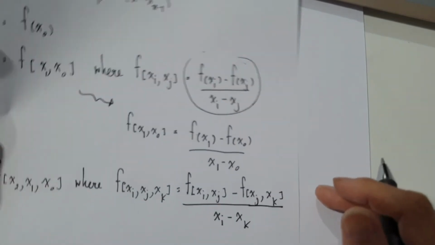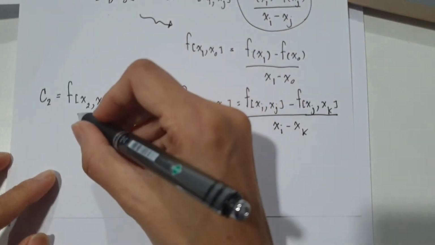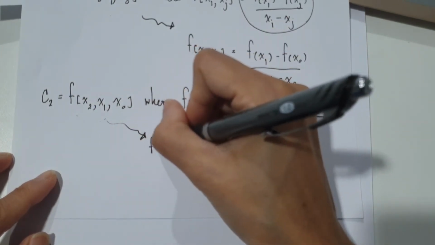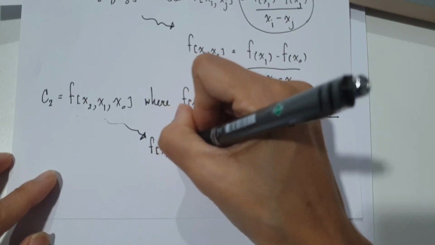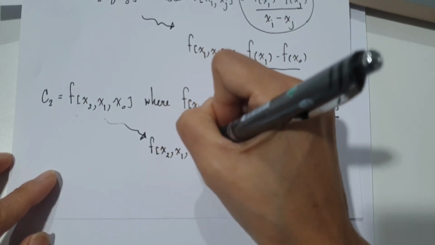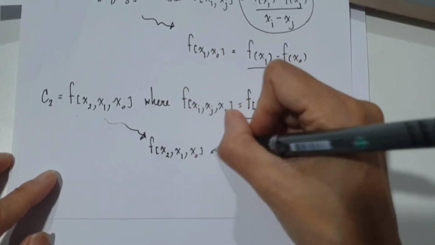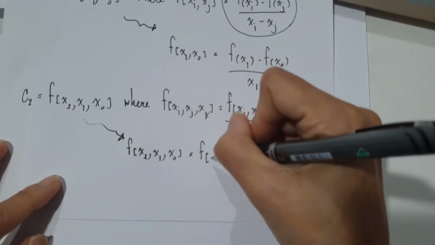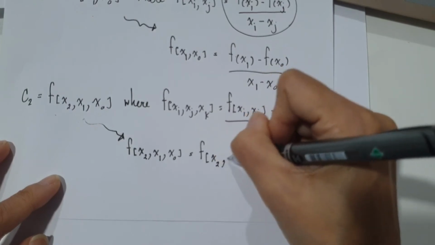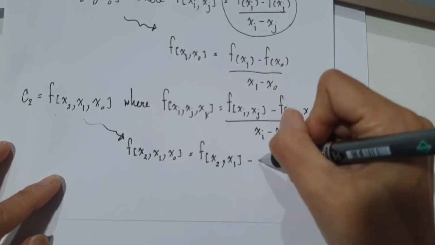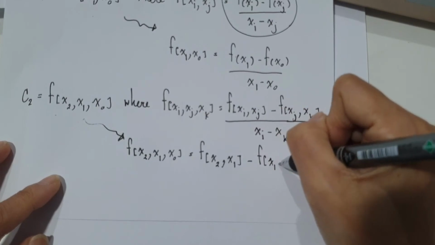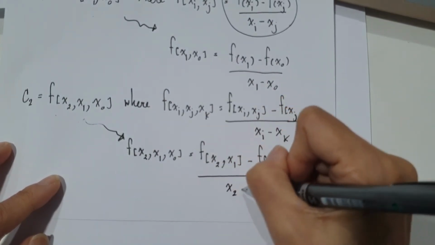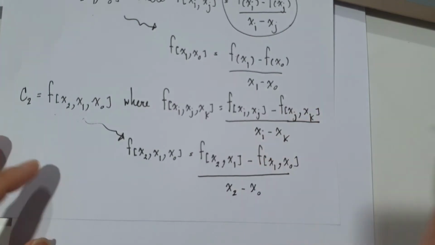So if we calculate this term, what you get is f[x2, x1, x0] equals f[x2, x1] minus f[x1, x0], divided by x2 minus x0.